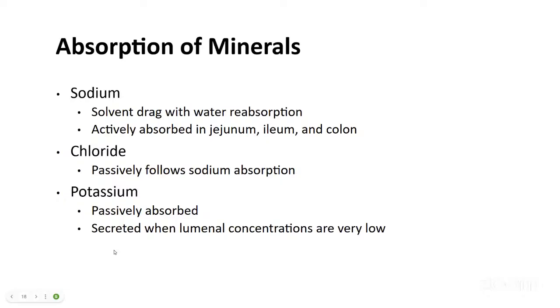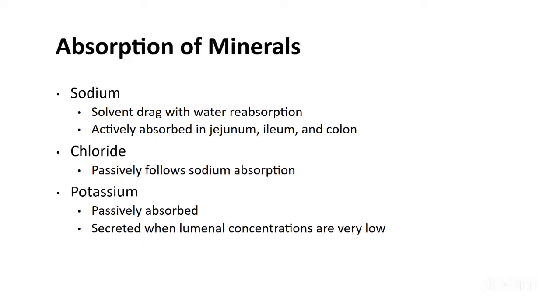When we think about minerals or electrolytes, we're usually thinking about sodium, chloride, and potassium, friendly ions that we've seen throughout this course. Sodium is usually going to get dragged along with water. We know that often happens as we have the action of sodium-potassium pumps.